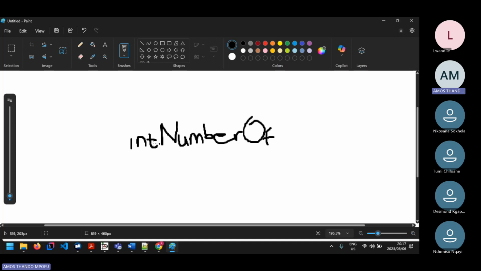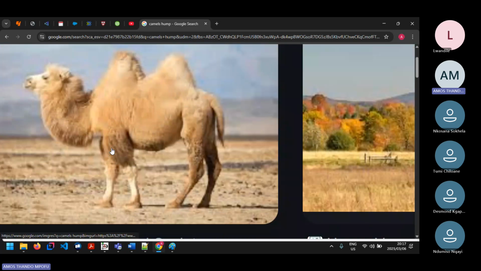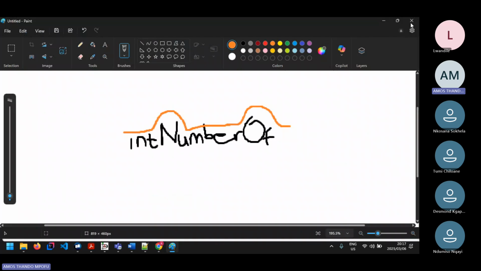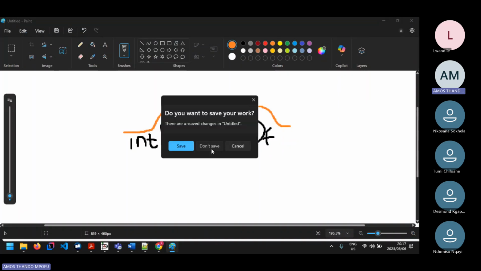If I look at this, I'm using camel case. Look when I draw a line: there's the hump, and then there's the hump. So it looks exactly like a camel's hump. That's why it's called camel case. It's a fun thing to think about.